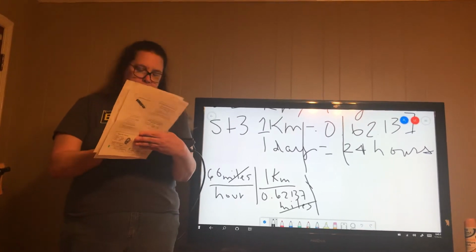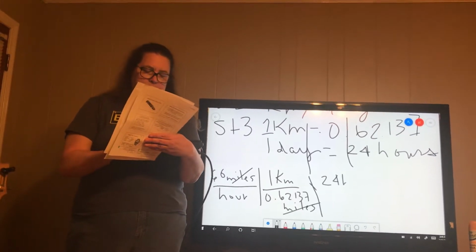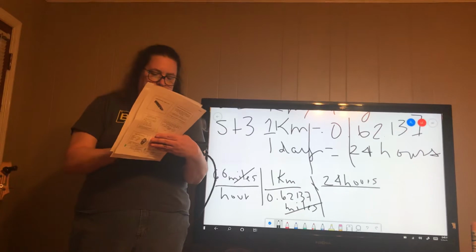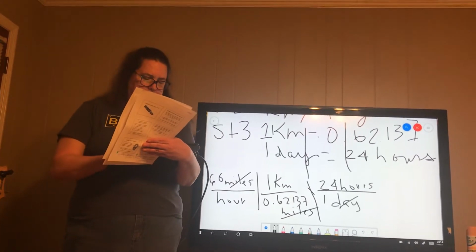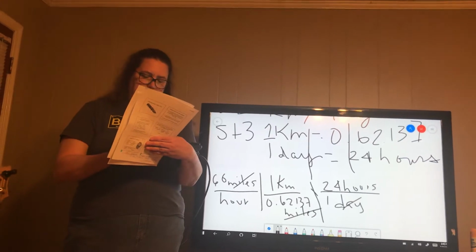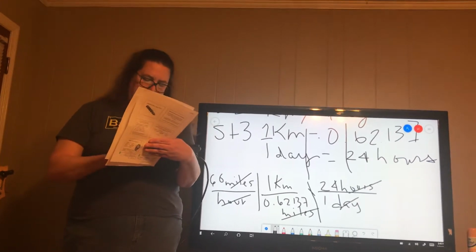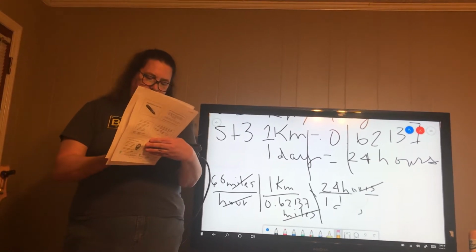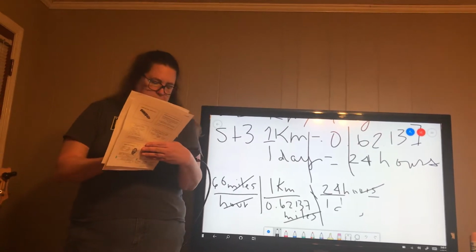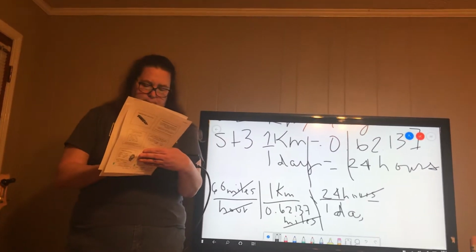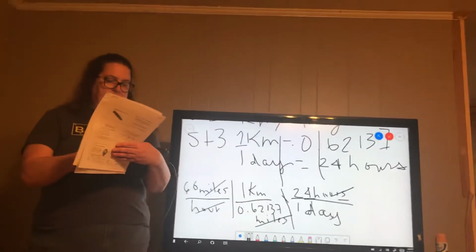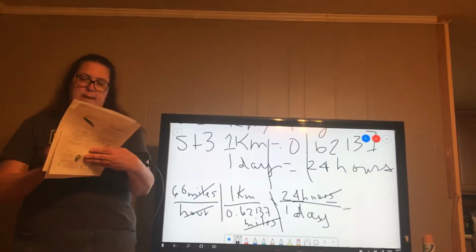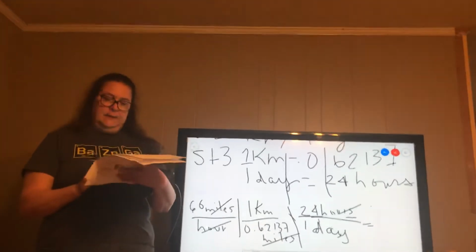Then I'm going to go 24 hours in a day. That's 1 day. So hours cancel out, not day. Let me write that over. Okay, so the hours cancel out, and if I come down up there, I'm supposed to get the kilometers per day.